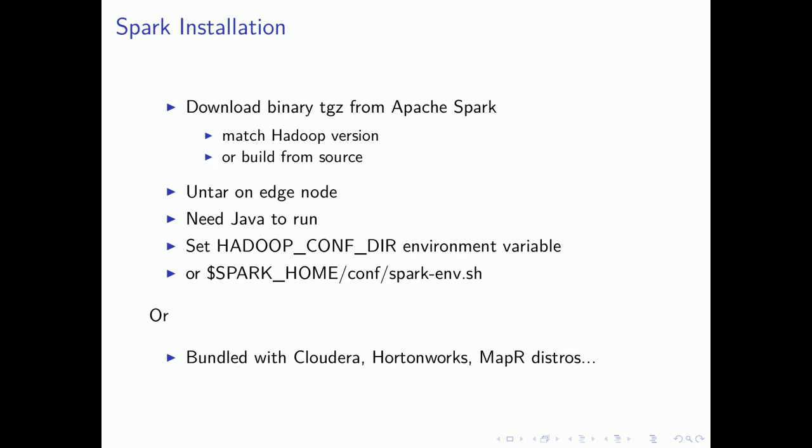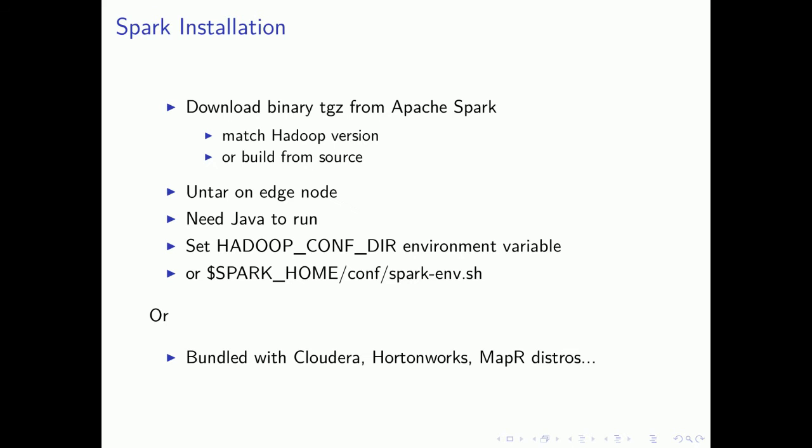The way I can get Spark, which is really nice, is I download it from the Apache Spark site. I've got to match my Hadoop version. So if I'm running Hadoop 2.6, I want to download the version for Hadoop 2.6. Now, if you're using a special Hadoop distribution, download the source code, and then build against your particular version. You untar it on an edge node.